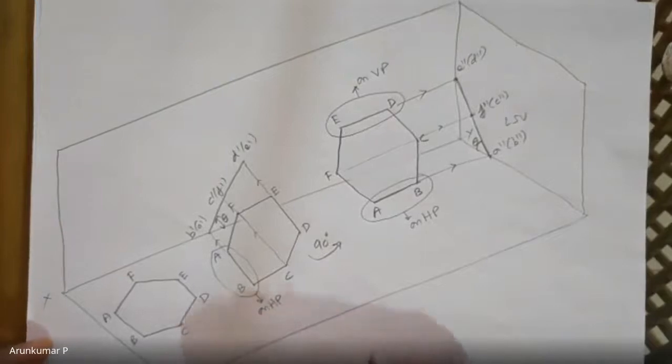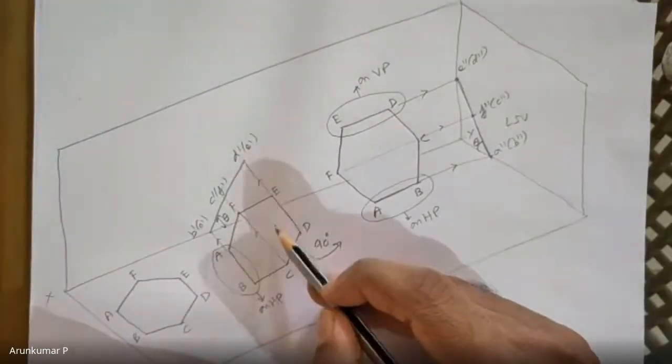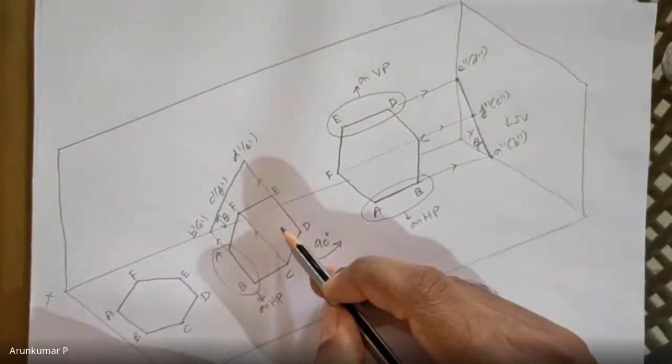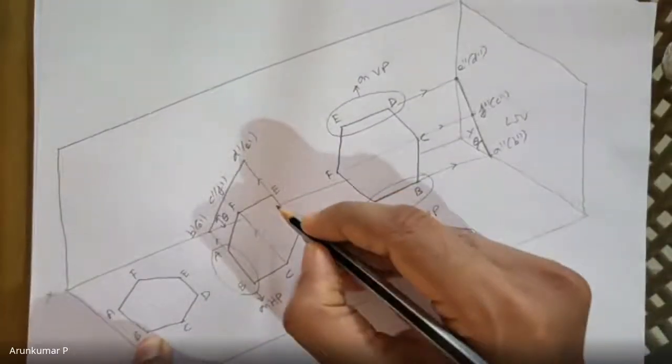I hope you understand that in the second step top view, you will get a smaller hexagon. I don't think I need to tell you, but okay, I can show you that.